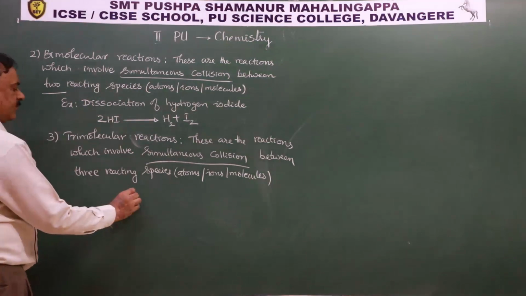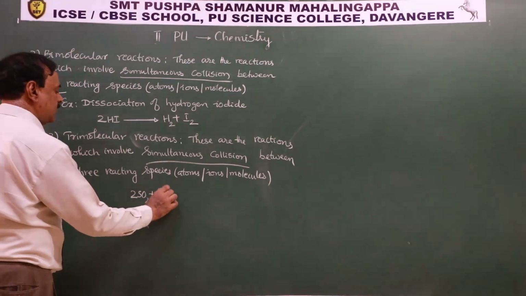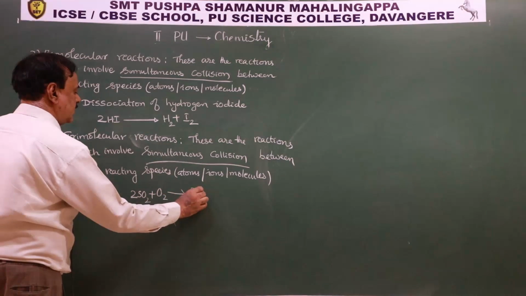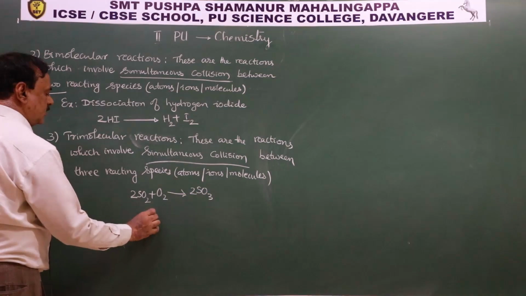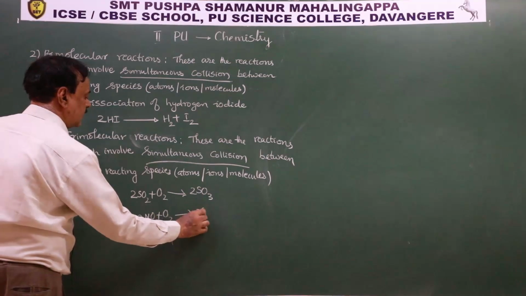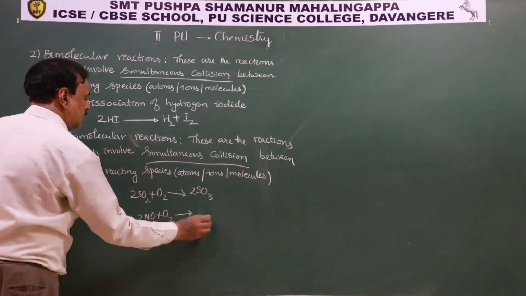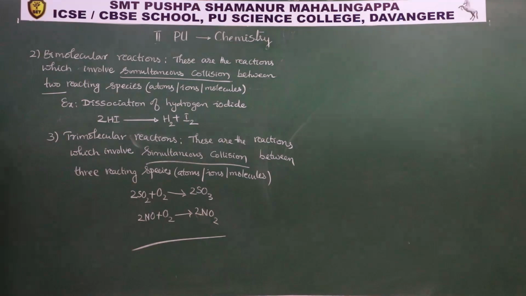Examples I mentioned: 2SO2 plus O2 gives rise to 2SO3, a trimolecular reaction. Or 2NO plus O2 gives rise to 2NO2. These are examples of trimolecular chemical reactions.